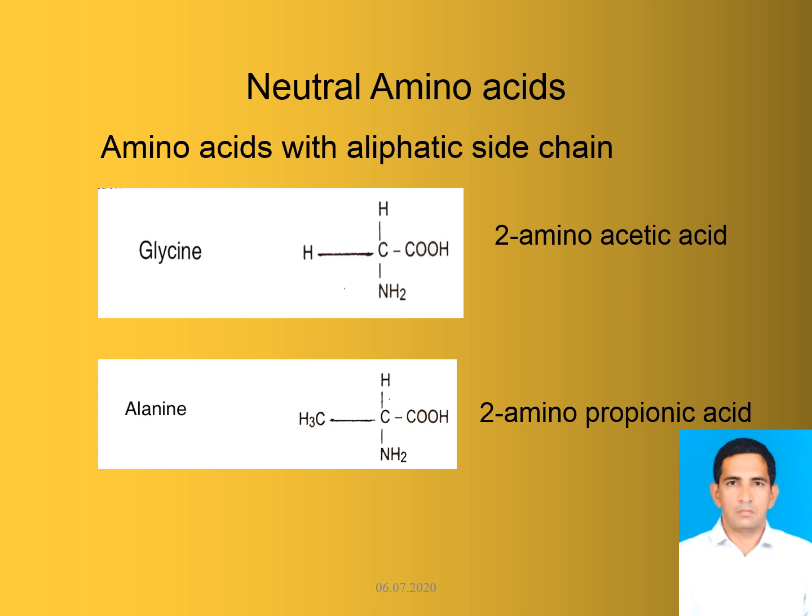Acidic amino acids: aspartic acid, glutamic acid. Basic amino acids: lysine, histidine, arginine. Therefore, option B is correct.